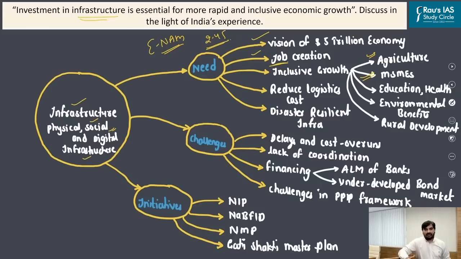So by creating infrastructure, we would be able to boost entrepreneurship, especially at the grassroots level, and promote inclusive growth and development. Similarly, creation of infrastructure will help us improve the educational outcomes, improve the health outcomes, bring about transformation of rural India, and so on.